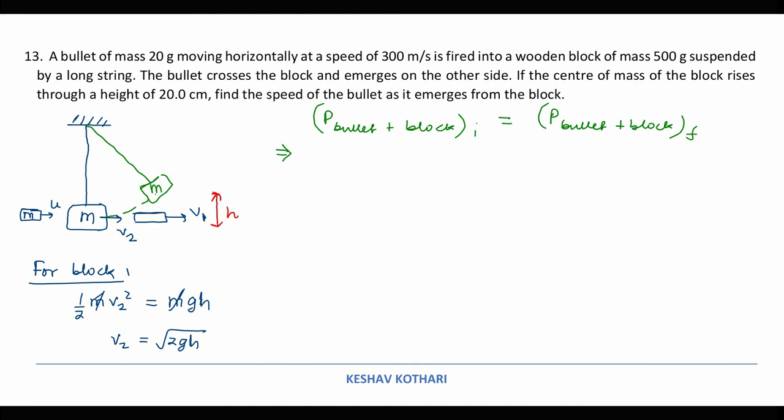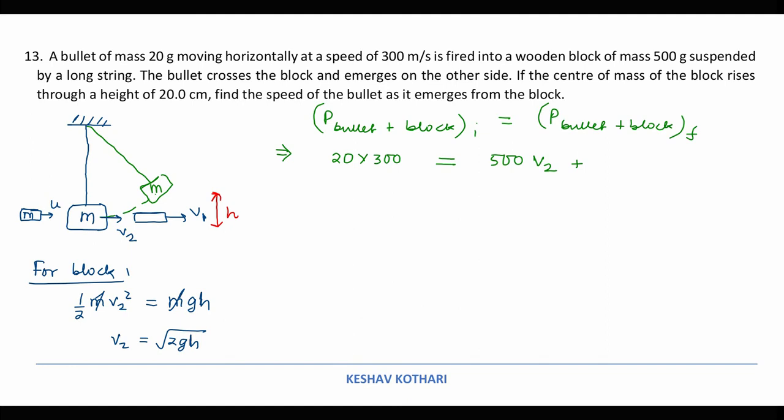So the mass of the bullet is 20 gram, which is moving with 300 meter per second, and it strikes a wooden target having a mass of 500 gram, which starts moving with a velocity v2, and the bullet on the other side emerges with a certain speed.